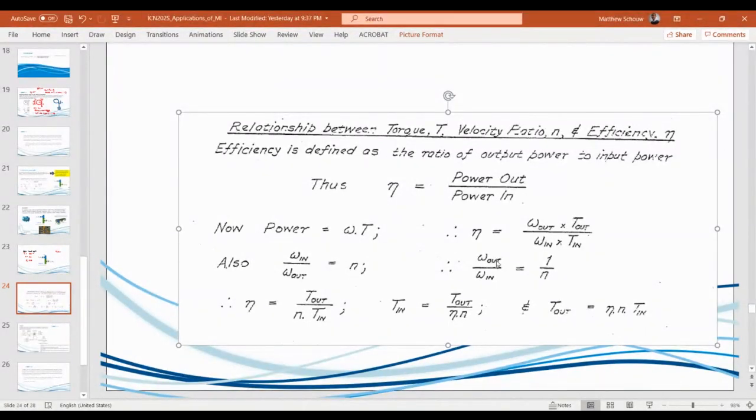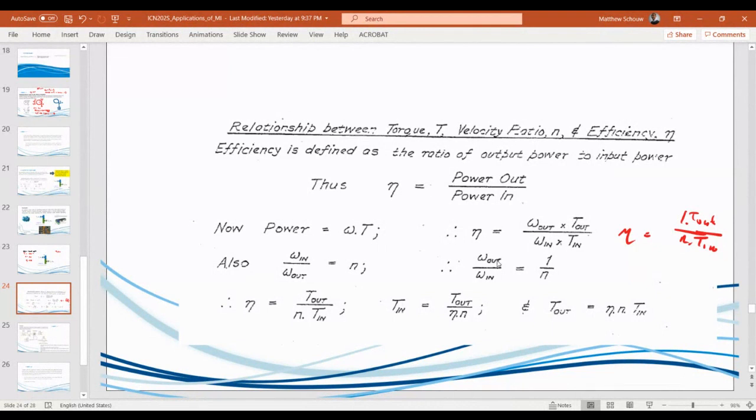So we have power out over power in, which is essentially equal to W out times T out over W in times T in, right? But we know that your reduction, your gear ratio, is essentially W in over W out, and if you flip it around, you get 1 over N. So this becomes here 1 over N, right? So the efficiency equals T out over T in, and we have N, and we have 1, right?